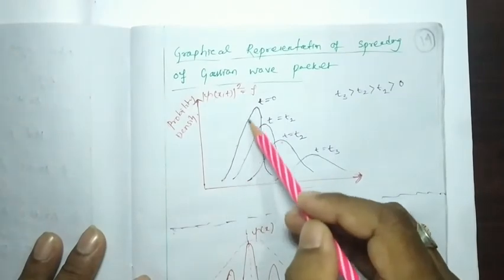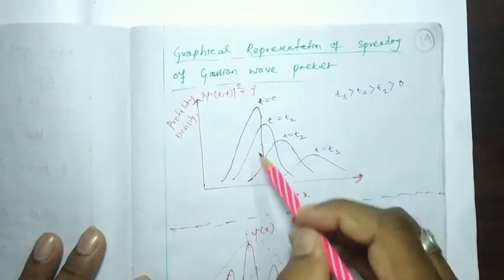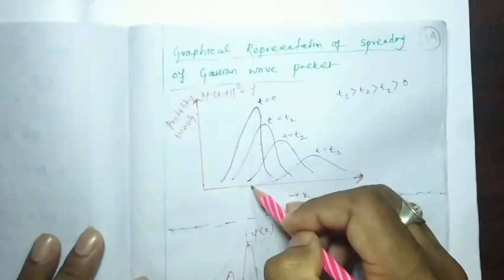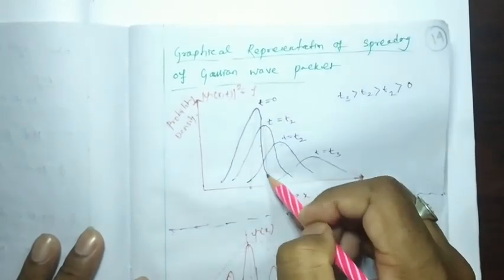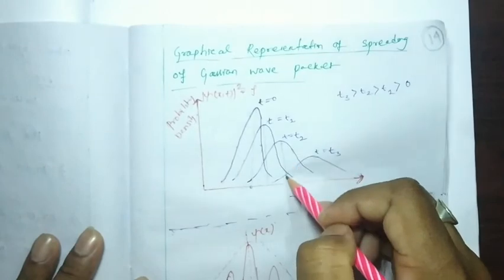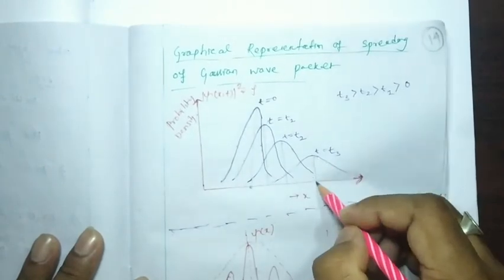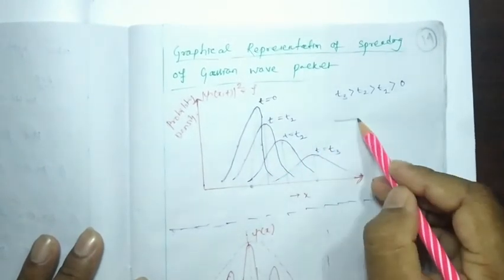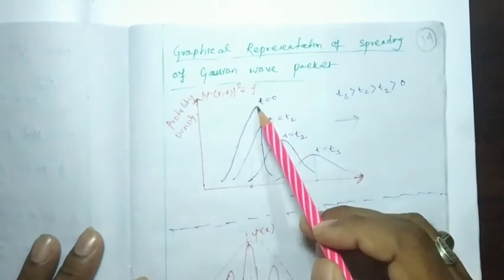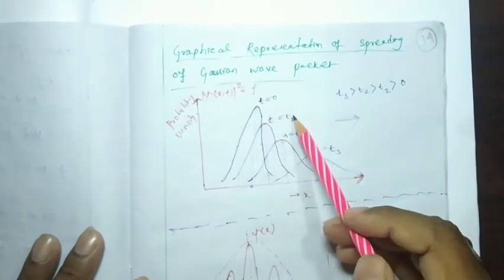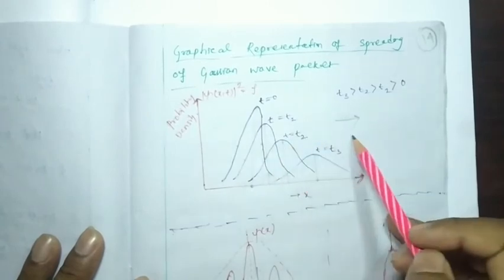For this one, the peak is here, the maxima of this peak will be here, here, and here, and it is moving along the x-axis. At t equal to 0 the peak is here; at t1, t2, t3 it moves along this side, and this axis we have taken as probability density.